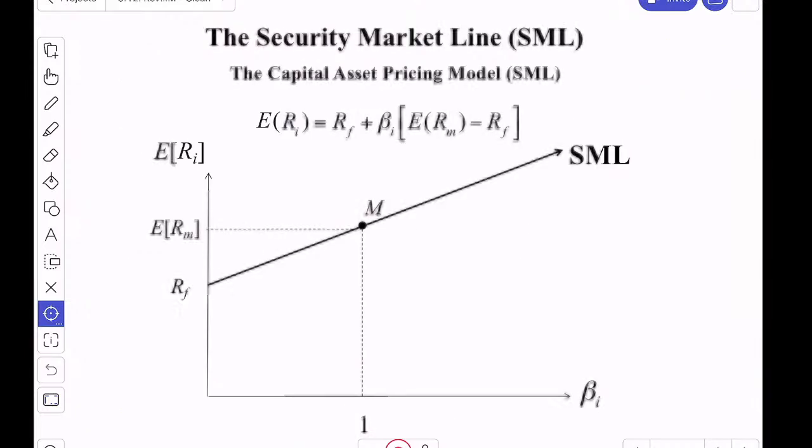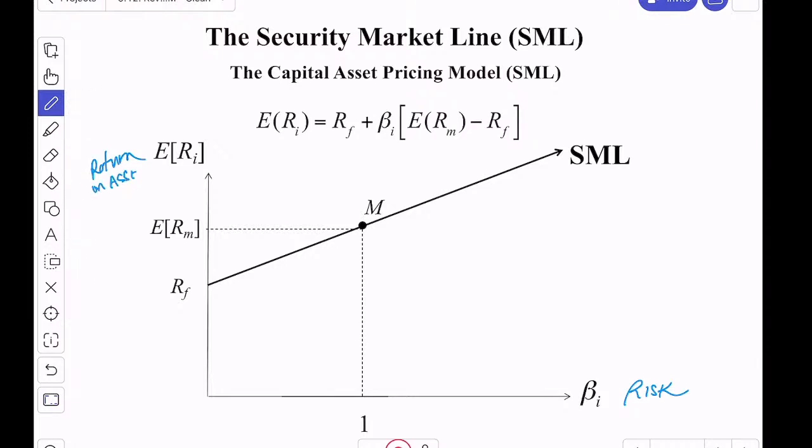All right, so what do we do with this? I'm going to change the graph. I'm going to plot the risk as beta now and the return still as expected return, but notice it's not the portfolio, it's the asset I. And this is the risk on asset I. And what I've done is I create this new market line.